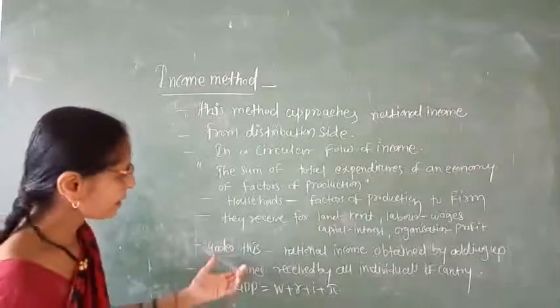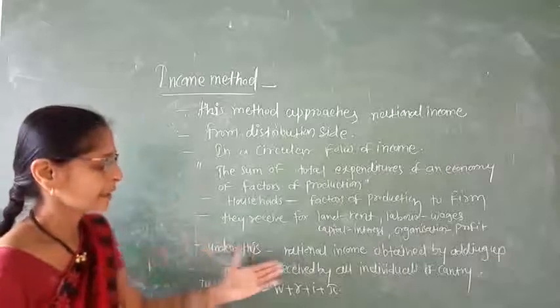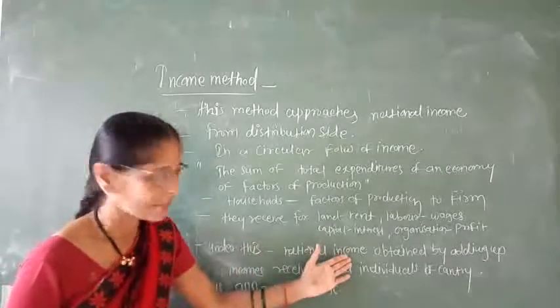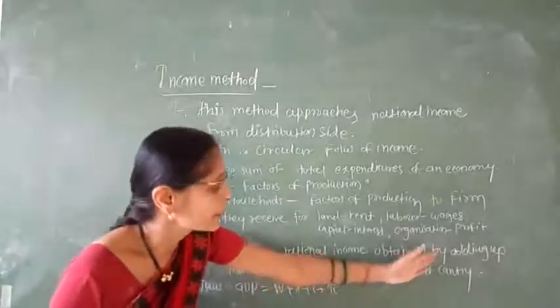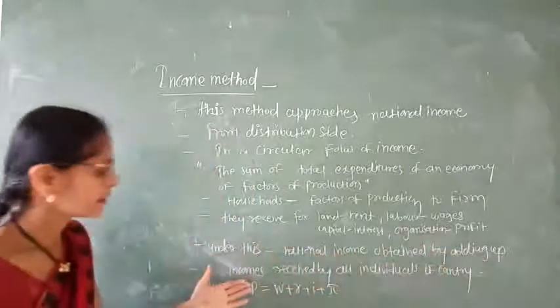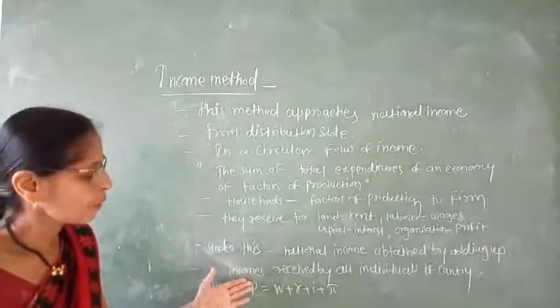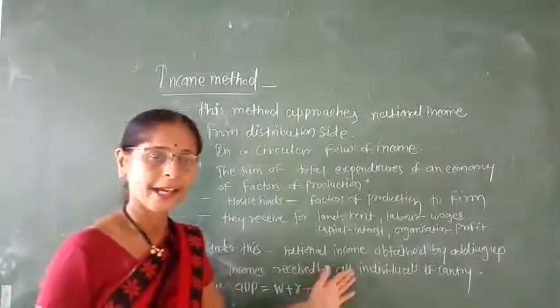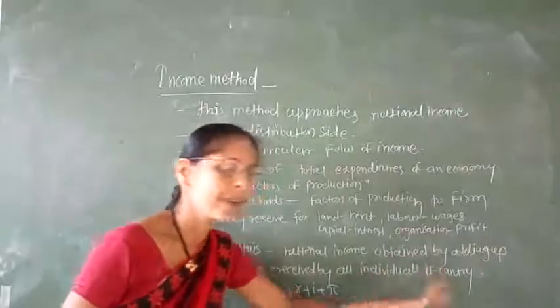So, under the income method, the national income is obtained by adding the incomes received by all individuals of the country.